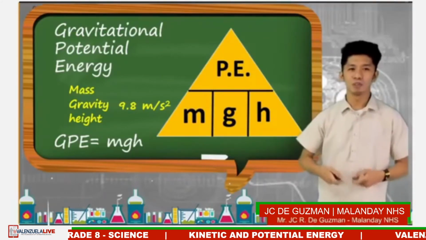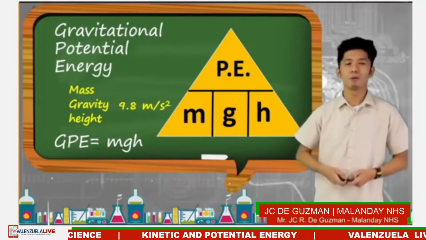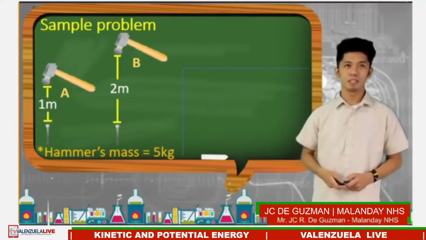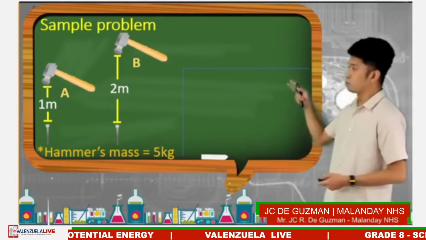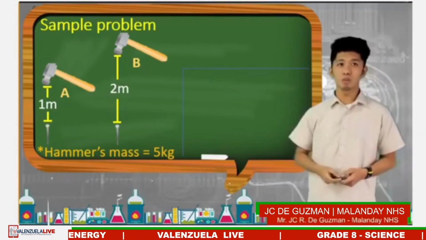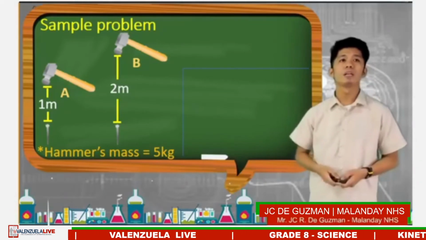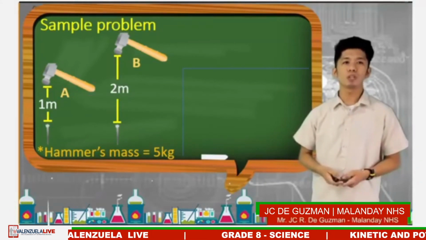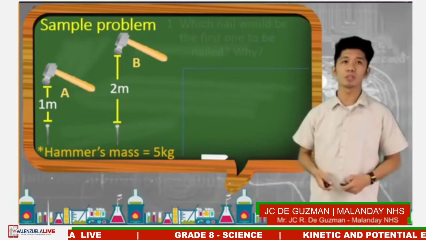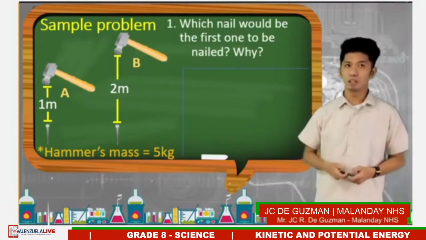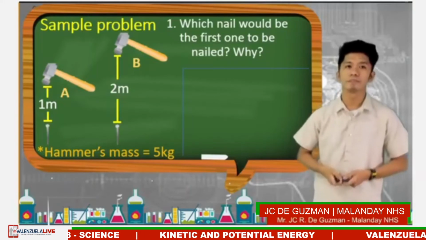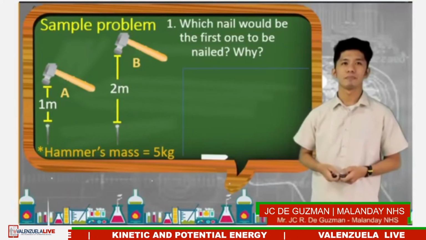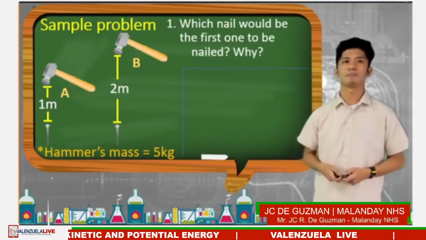Okay, so for now, let us have a sample problem. As you've seen, you have your sample problem in which there are two sets of hammers. The first question is, which nail would be the first one to be nailed, and why? What do you think is the answer?